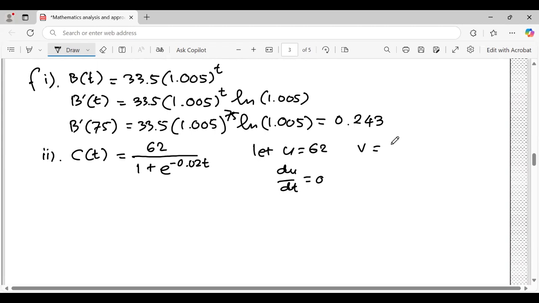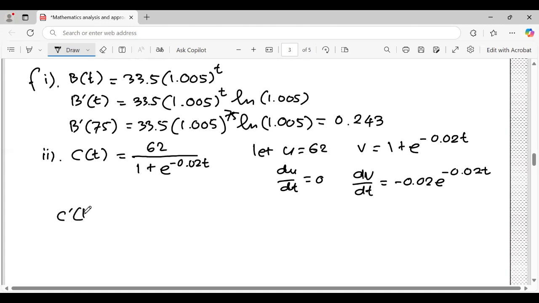Let phi equal 1 plus e to the power minus 0.02t. dphi/dt is minus 0.02 e to the power minus 0.02t.